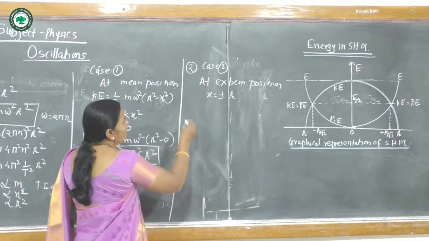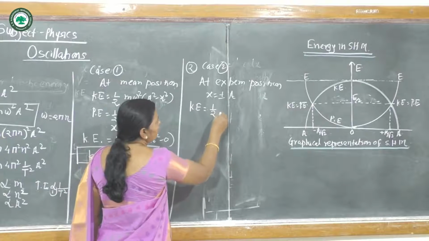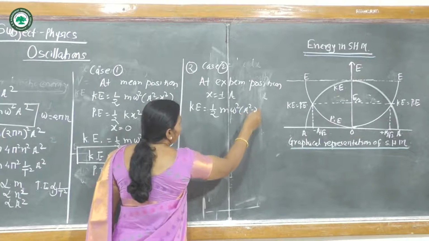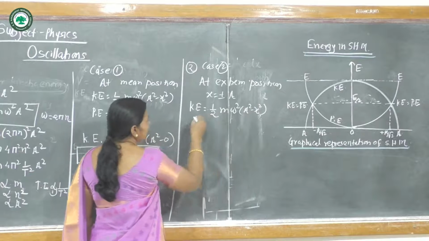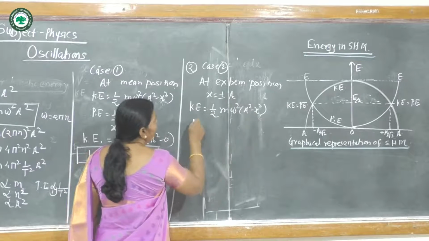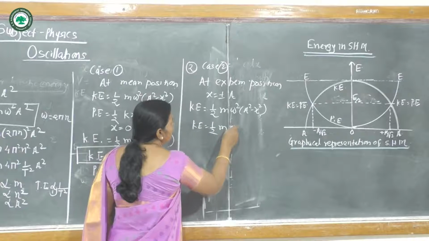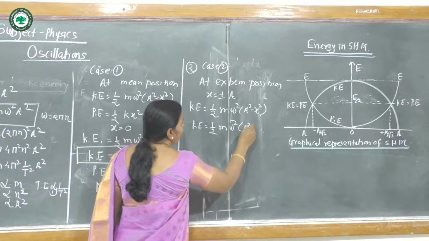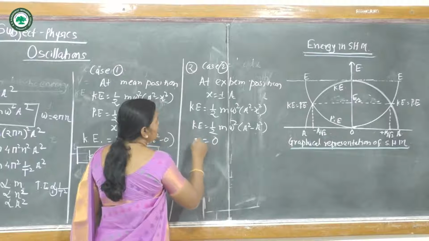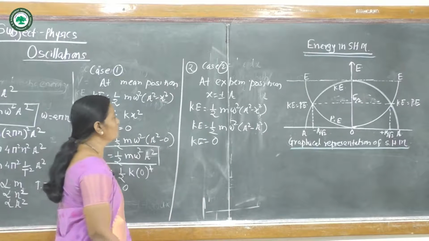Again we have the kinetic energy = 1/2 m omega square (a square minus x square). Substituting x = a, kinetic energy = 1/2 m omega square (a square minus a square), which becomes 0. Kinetic energy at extreme position is 0.